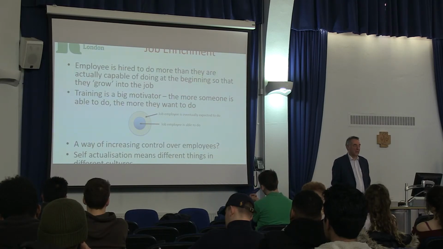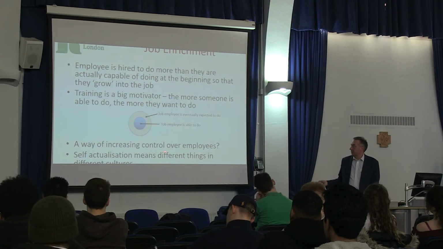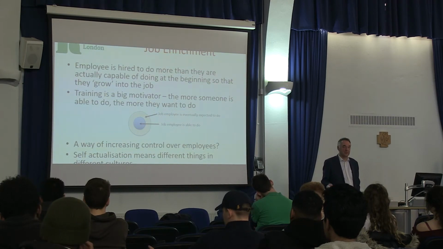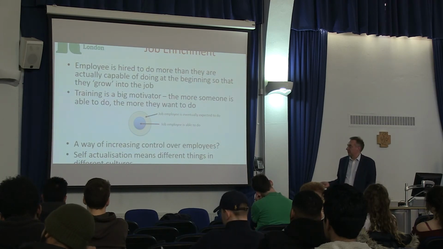It doesn't really apply to people who are doing menial jobs, not so well anyway. So for people who have professional careers, like accountants and scientists and so on, this isn't a bad model if you can do it. And perhaps you can to a large extent in large organizations. But it doesn't apply to everybody.